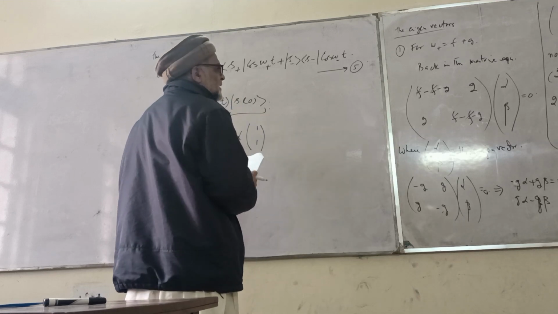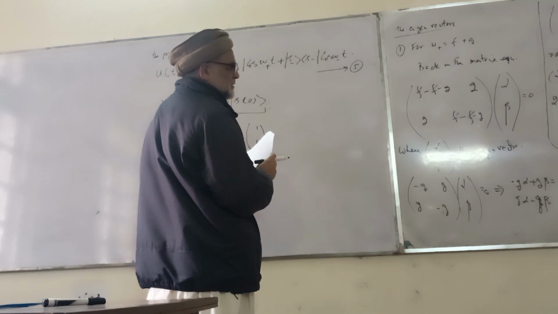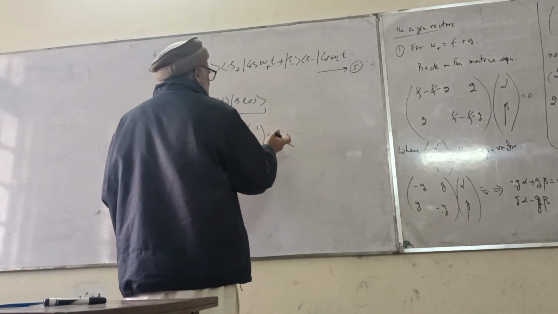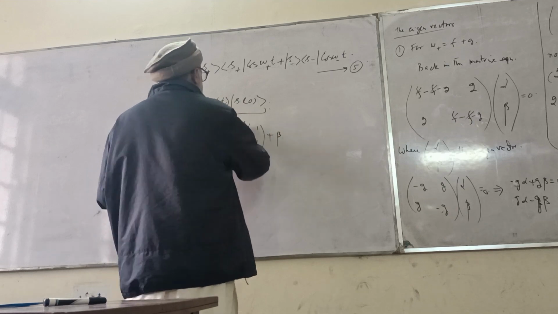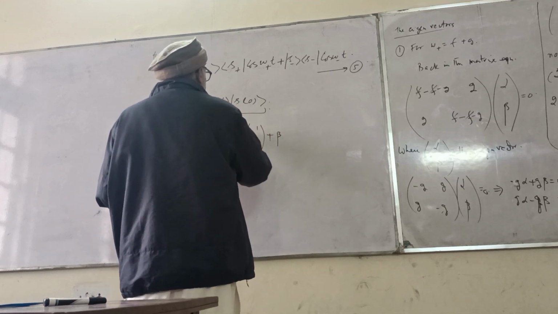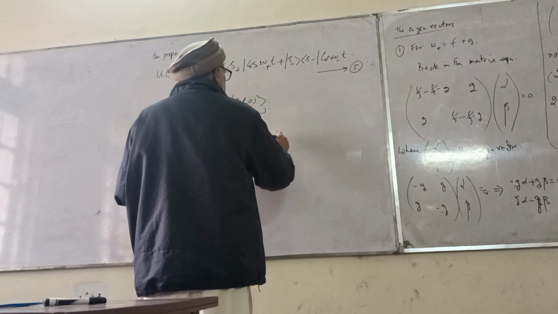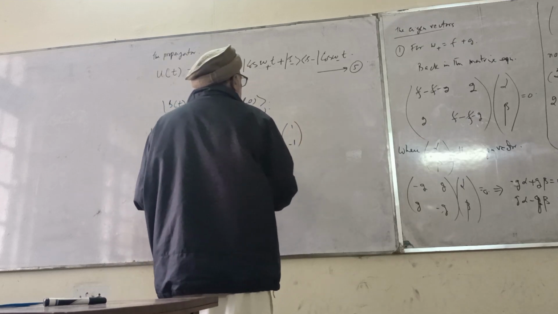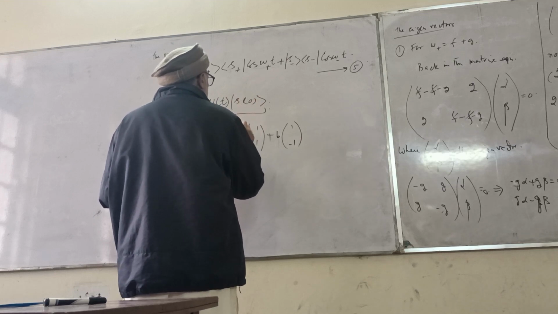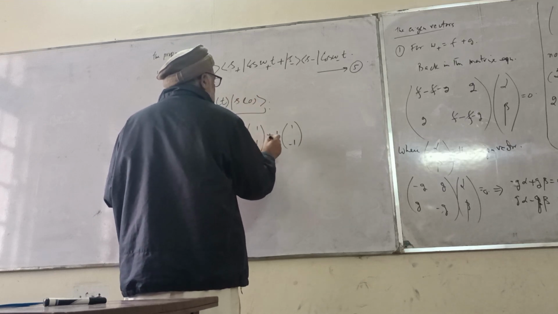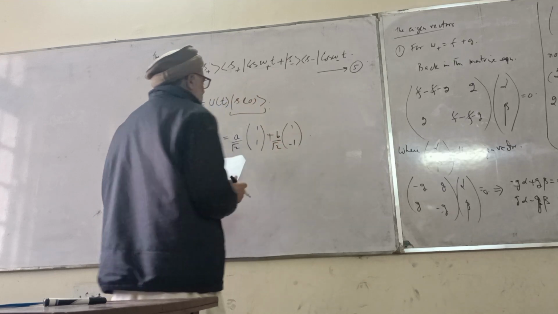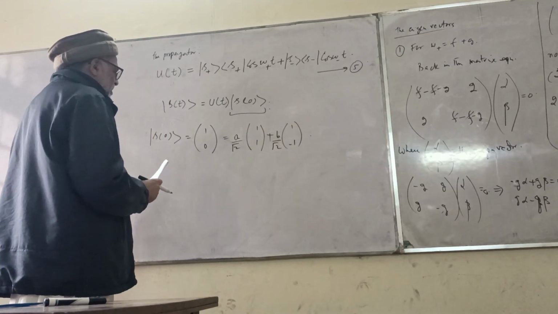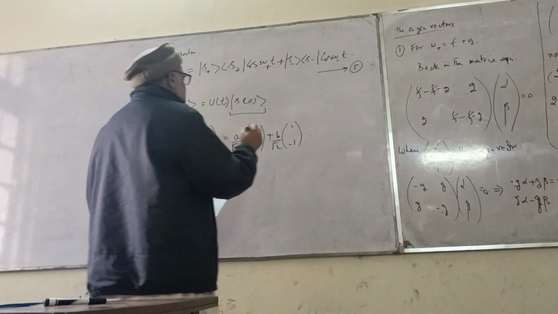Plus beta times the other eigenvector, (1, -1). Okay, so look at this.